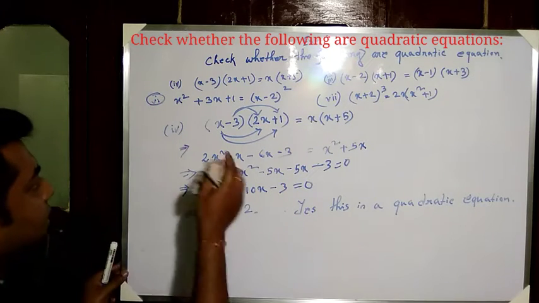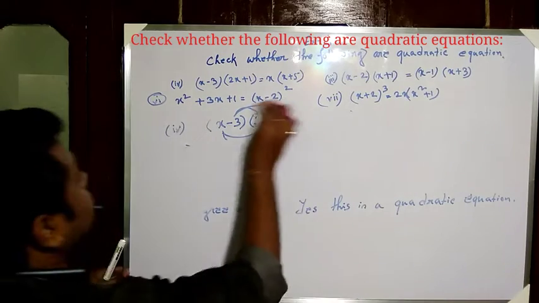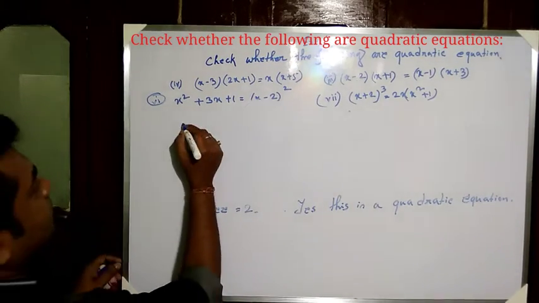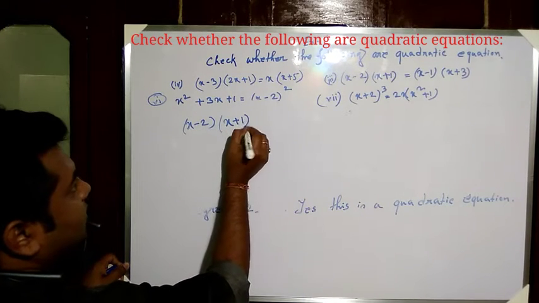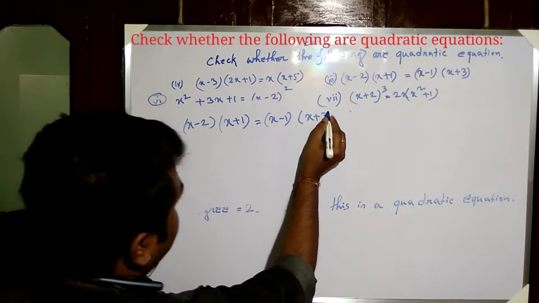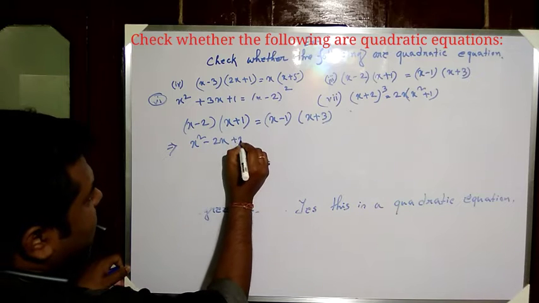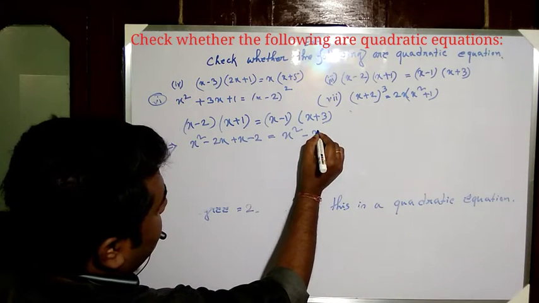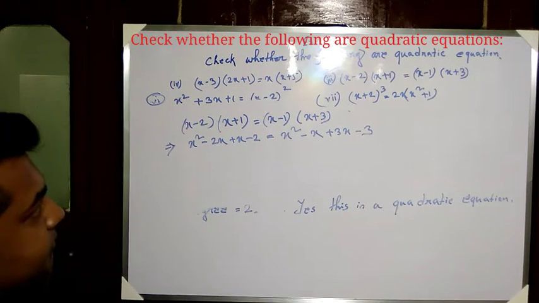Now I am showing you the next number. x minus 2 into x plus 1 equals to x minus 1 into x plus 3. Just simply multiply: x square minus 2x plus x minus 2 equals to x square minus x plus 3x minus 3.